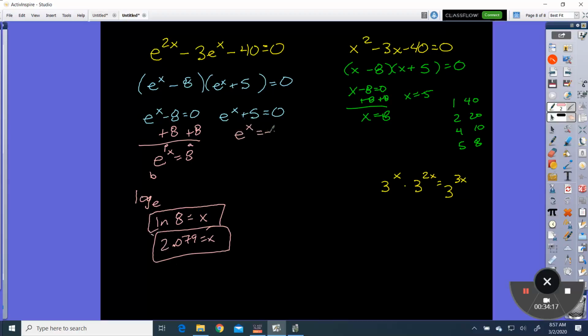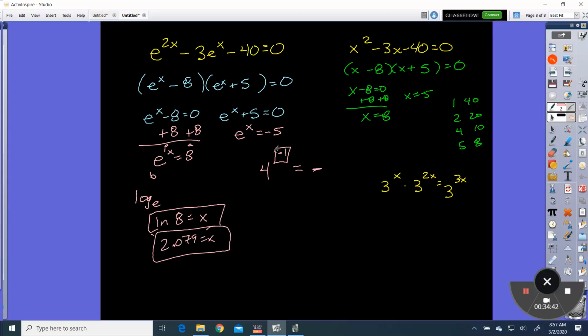I minus the 5. What is this negative 5 telling you? That I have some number to a power equals a negative. Is that possible? Let's choose a number. I choose 4. Can you do anything as a power that's going to make this come out to be negative? What if I put a negative 1 right here?